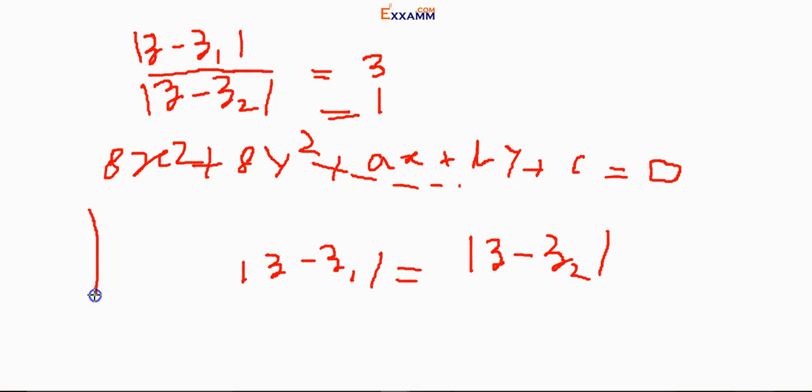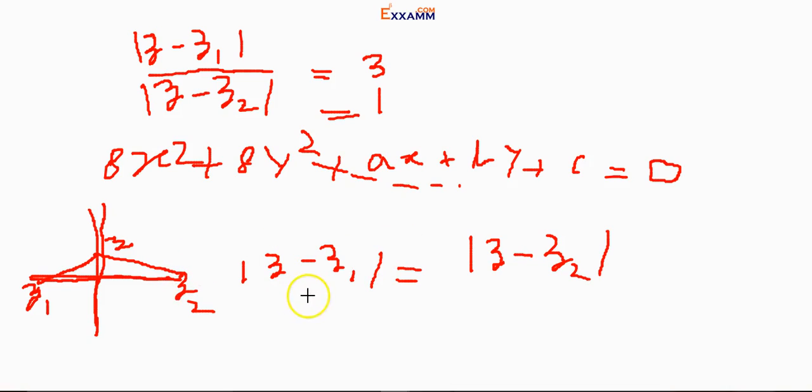So suppose this is z1, this is z2, and z is equidistant, so that this distance is equal to this. When z is moving in such a way, where would z lie? z would lie on the perpendicular bisector of the line joining z1 and z2 if modulus of z minus z1 is equal to modulus of z minus z2.